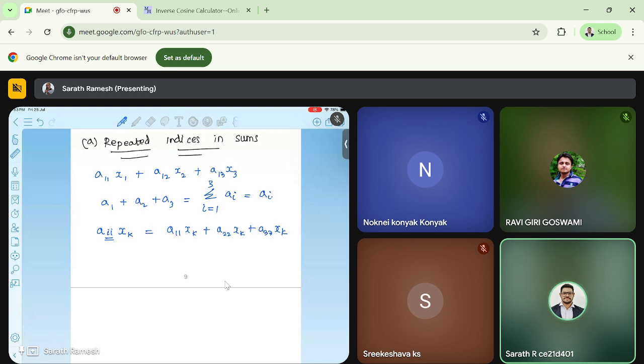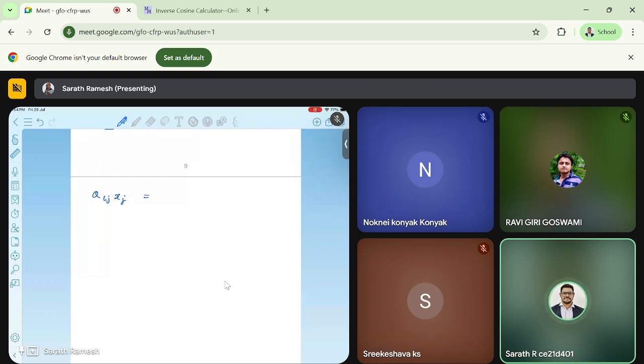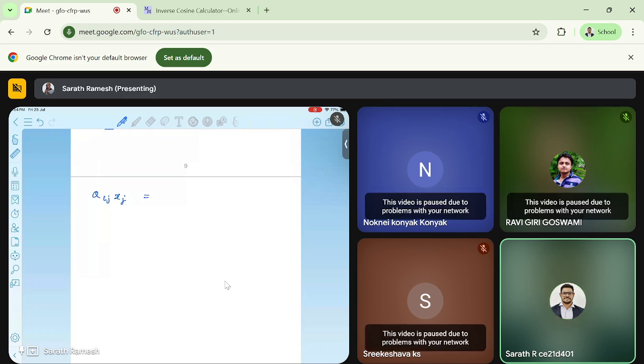Let's go through some more problems. Suppose we have Aij xj. What is the index which is repeating? j is repeating twice, so we have to replace j with 1 to 3: Ai1 x1 plus Ai2 x2 plus Ai3 x3.